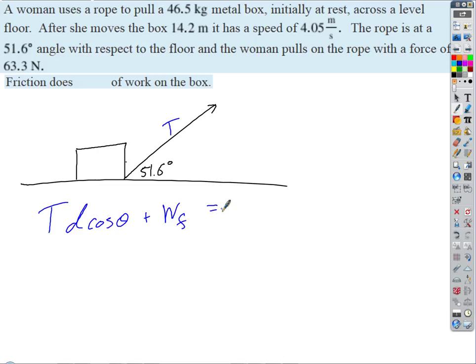The change in kinetic energy, but it starts at 0, right? So really it's the final kinetic energy minus 0, but we don't need to put the minus 0. So just 1/2 mv squared, right? All we have to do is solve for that, we know everything else, right? Is it going to be positive or negative? Negative.